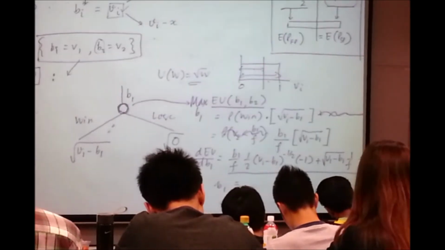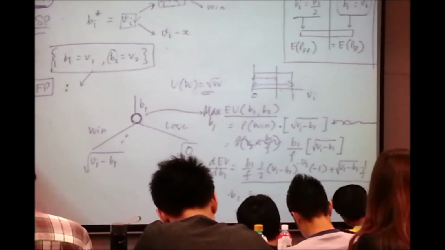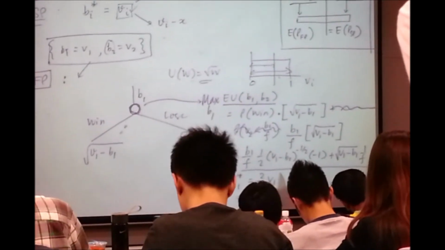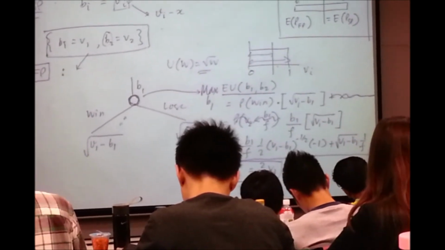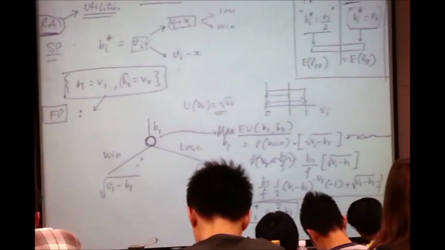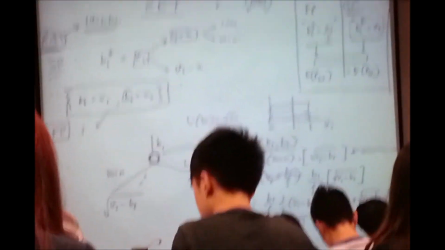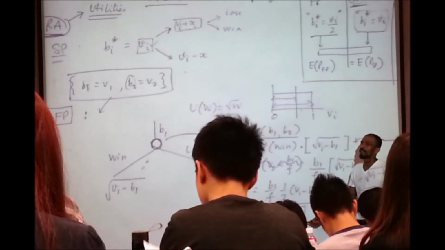If you do it, you will get B1 star, this is top of page 23, B1 star is equal to 2/3 of the value. Got it? The bidder's optimum strategy in a first price sealed bid auction with two bidders and standard uniformly distributed values is to bid 2/3 of its value.